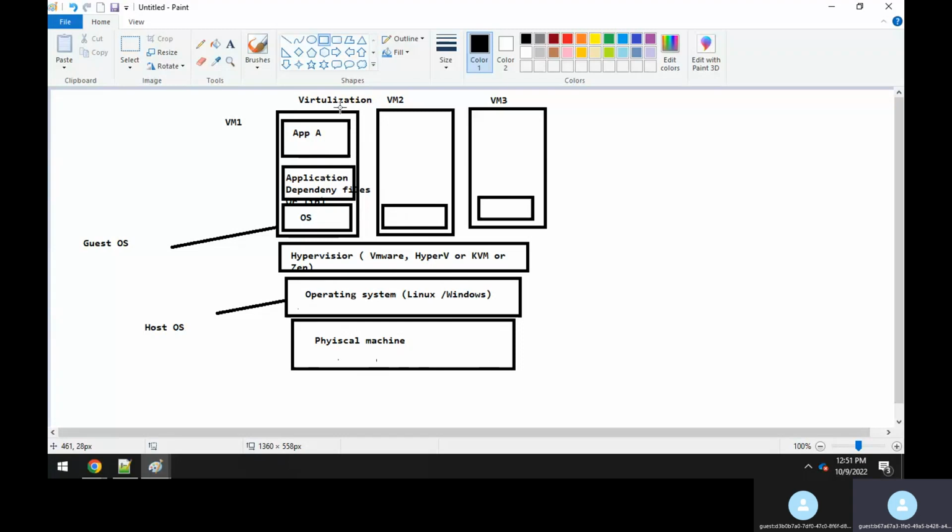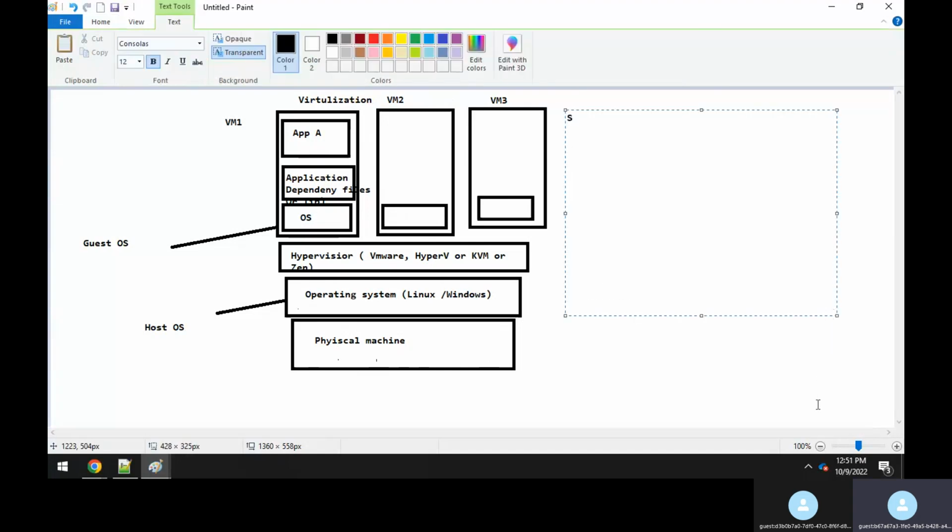Virtualization has some advantages and some disadvantages also. If they ask in an interview what the advantages of virtualization or VMs are, you have to say, for example, you can have multiple OS in the same machine.